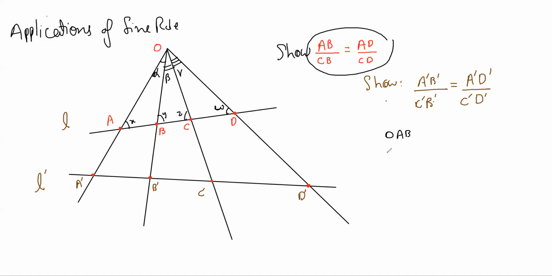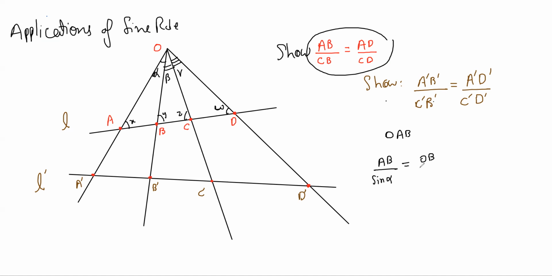On OAB, if you apply it, the real players are AB. So AB by sine alpha is equal to, what should I take? I'll take OB, I want to move to that triangle.